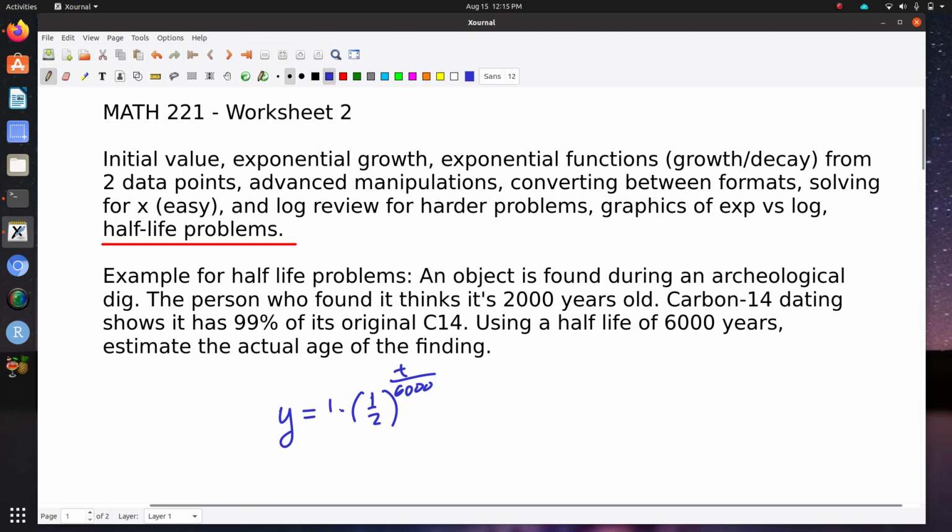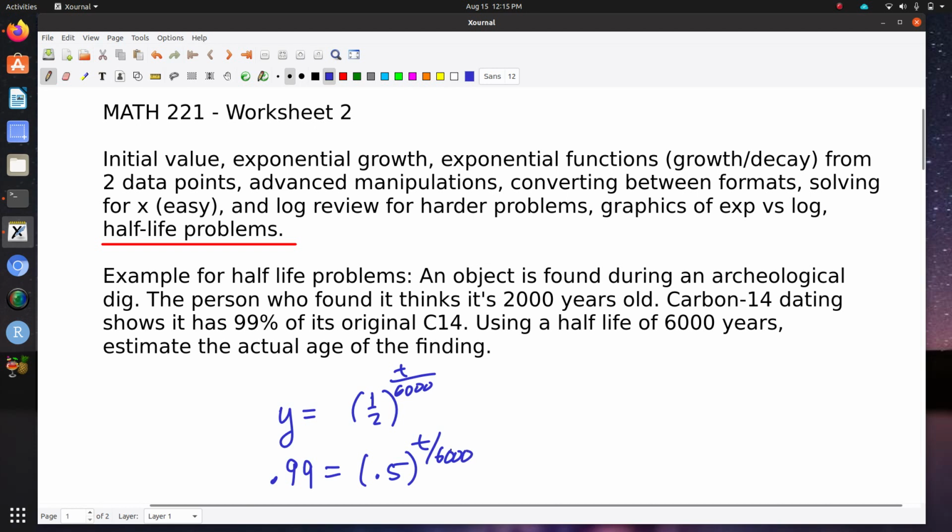So the 1 is essentially silent. Okay, so you know that you start at t = 0 with 100% of your carbon-14, and if t is in years, you want to know how many years old it is. Then what you do is you say, okay, fine, it currently has 0.99, but we want to find the t value that makes this work out.